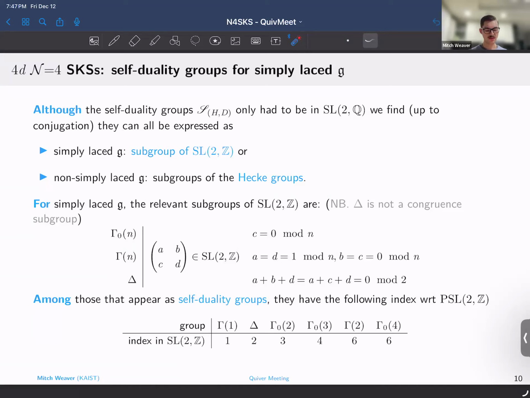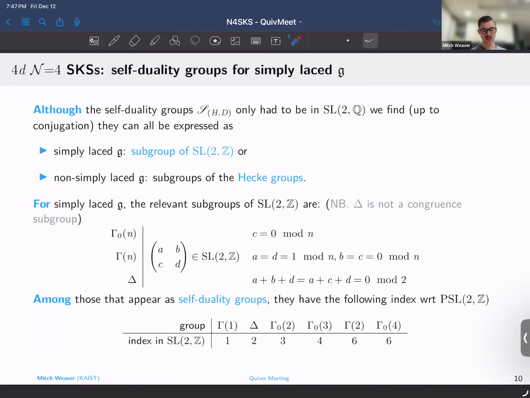But what we find is that for the simply laced case, they can always be expressed as subgroups of SL2Z. And for the non-simply laced case, they end up being subgroups of the Hecke group. So some of them are SL2R valued.